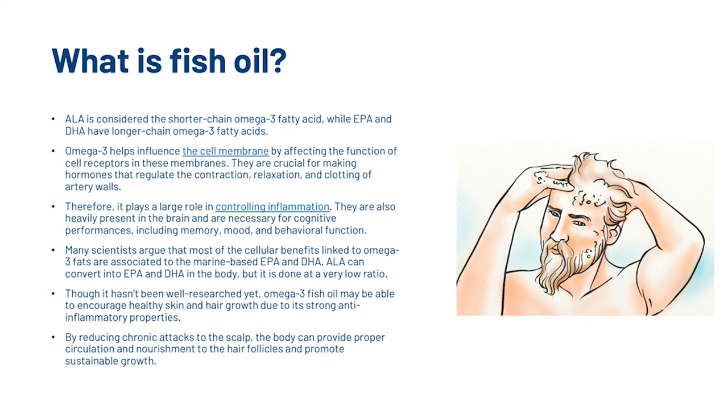Therefore, it plays a large role in controlling inflammation. They are also heavily present in the brain and are necessary for cognitive performance, including memory, mood and behavioral function. Many scientists argue that most of the cellular benefits linked to omega-3 fats are associated with the marine-based EPA and DHA. ALA can convert into EPA and DHA in the body, but it is done at a very low ratio.